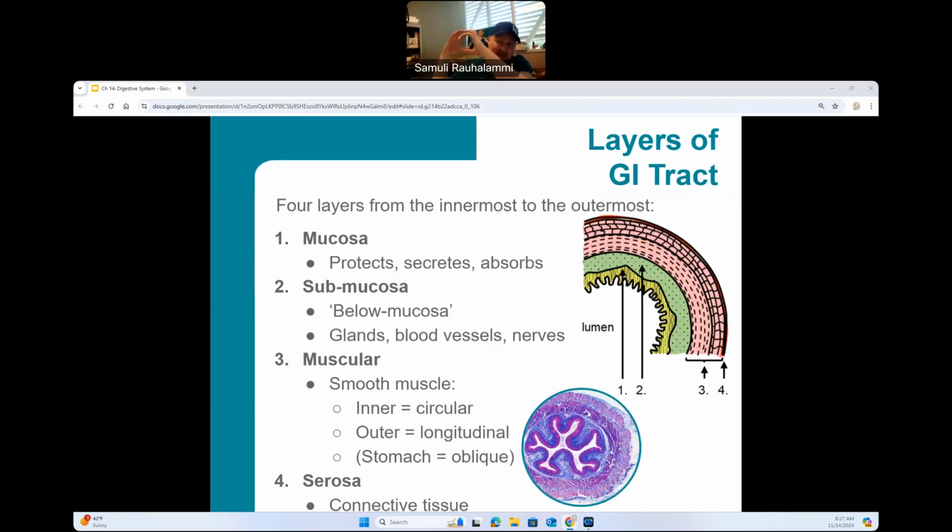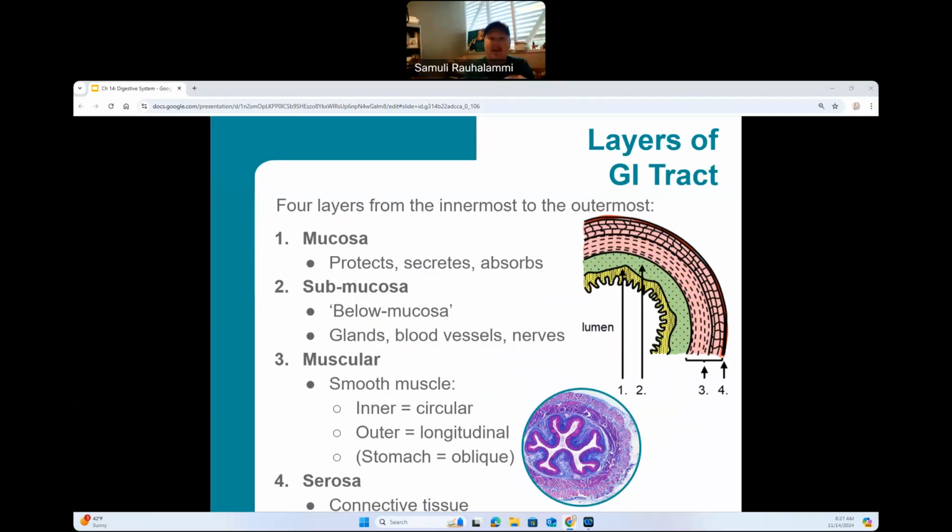You could think of them as controlling the diameter. For example, many sphincters fall into this group, regulating the passage of materials through this tract. And the outer muscle fibers that we typically see are longitudinal muscle fibers, so they run along the tube's length.